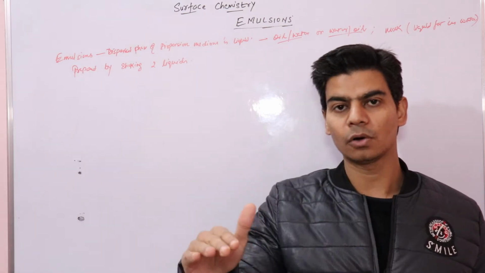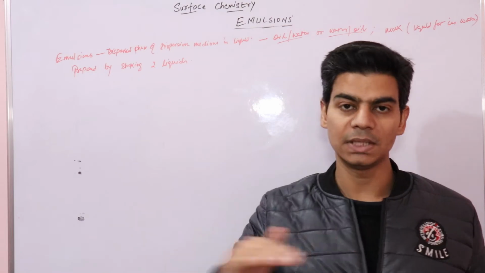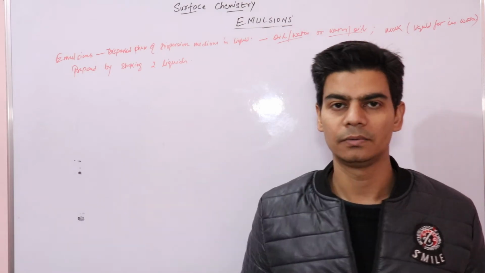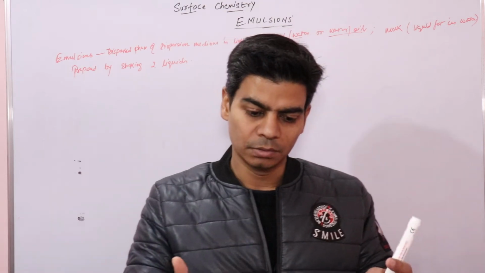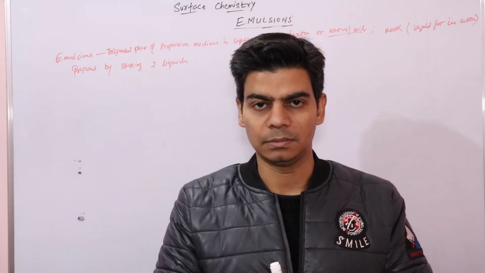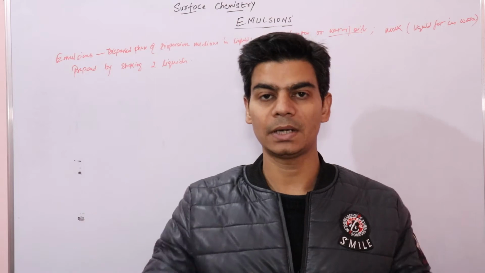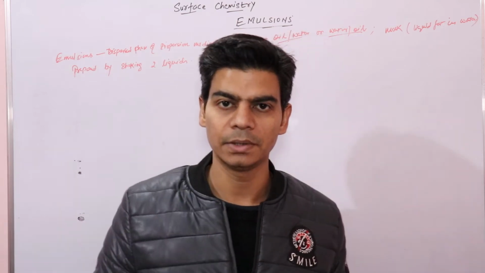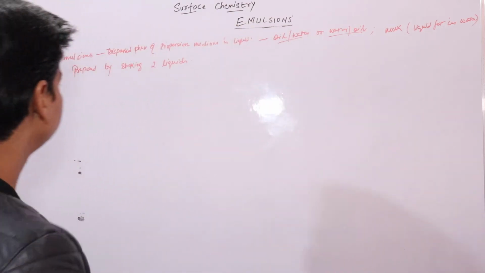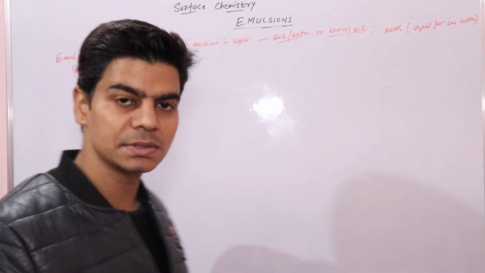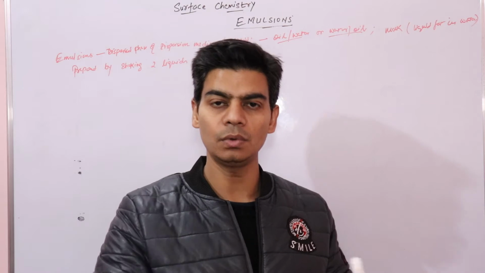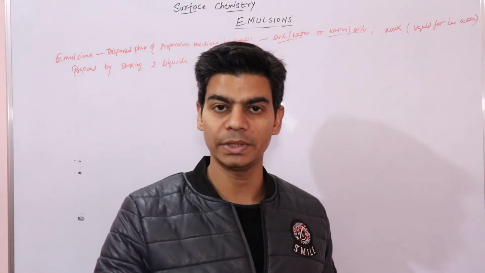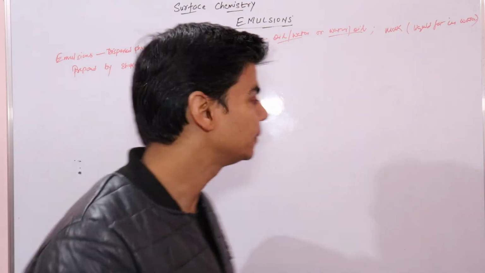The layers are very well defined, right? That means it's no more an emulsion. The two liquids separate out on standing, so this emulsion is no more stable, because on standing it separates into its constituent liquids.